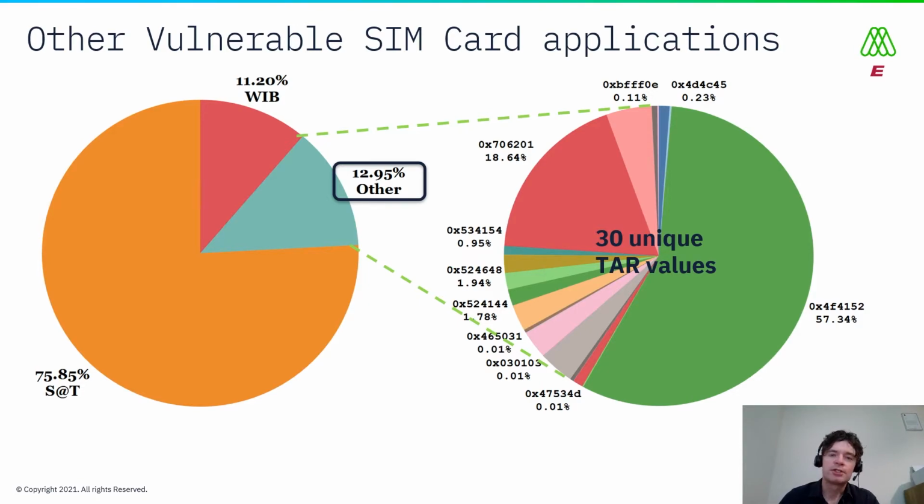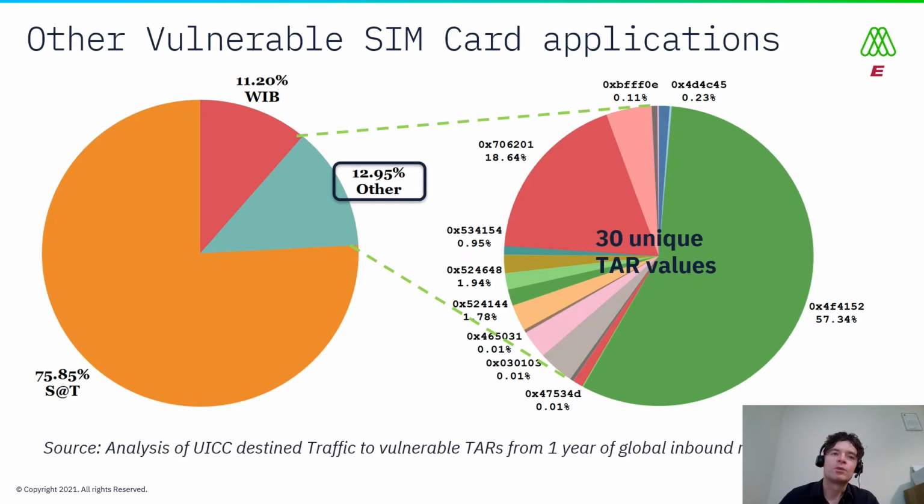If you're wondering where this traffic comes from, this is traffic which we took from customer operators, and how we determined the total global view of it is we took this traffic from global inbound roamers. So we could look, as part of our investigation, to see what TAR values were being sent messages from.